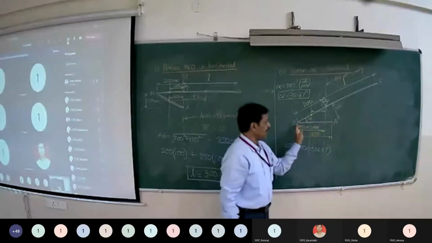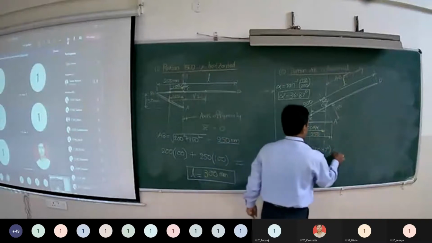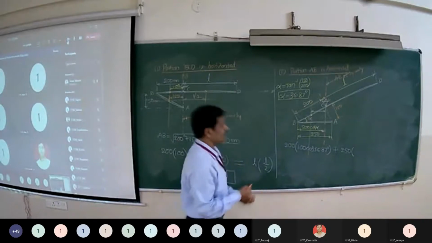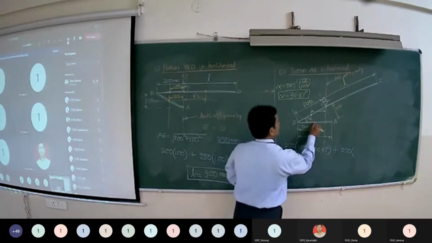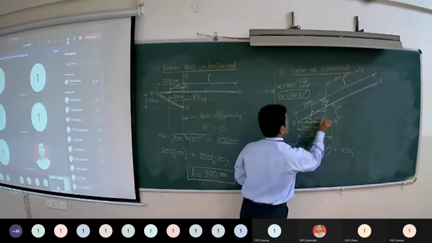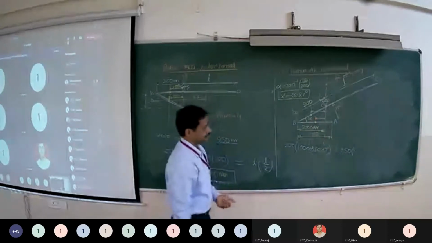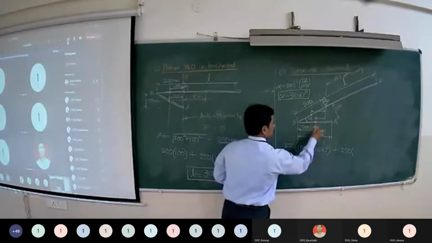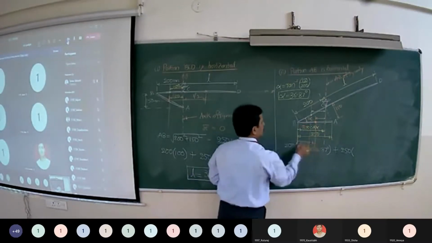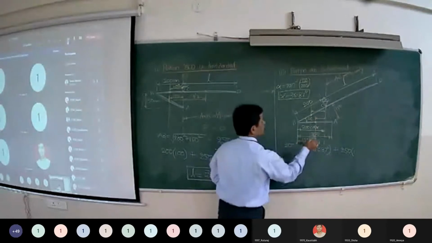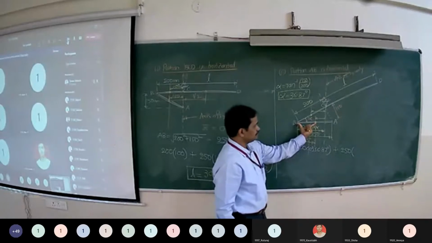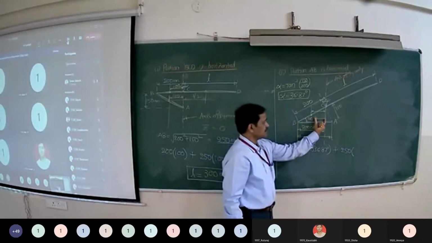Now the moment of line AB: the length of line AB is 250, into the distance of the centroid of line AB from the vertical axis. We know the midpoint is the centroid. AB being 250, the midpoint gives you 125. We want this distance.